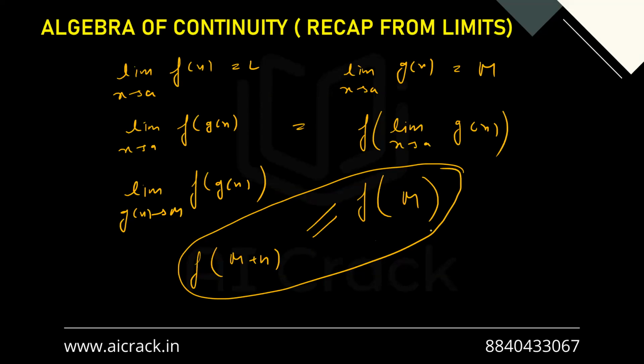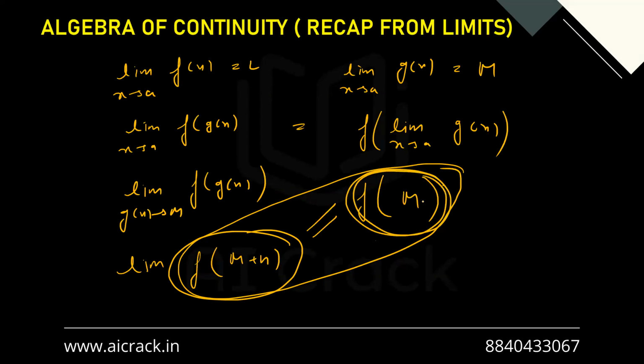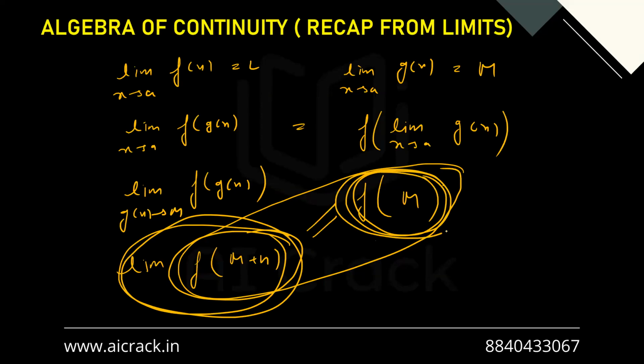Both of them are equal when the function is continuous. If the function is not continuous, they won't be equal, because the left side would fetch the limit value and the right side would fetch the function value. And if the function is not continuous at m, in that case this might not be equal to this limit. That might be the case.